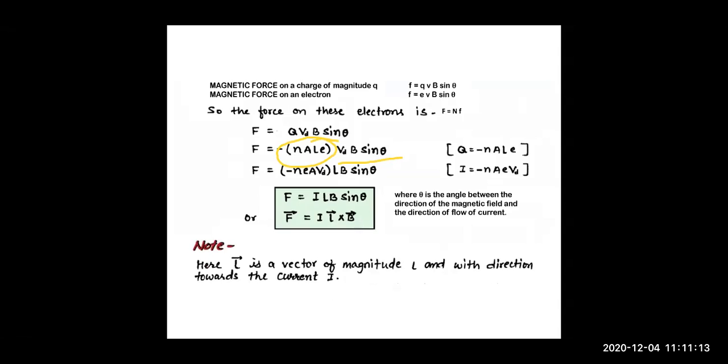Now what we are going to do is, over here we are going to remove L from here. L is going to come out of the bracket and Vd is going to go in the bracket. Why? Because when it goes in the bracket, it will become NeAVd, which is nothing but the current I. If you remember, it was I equals to AVnE.